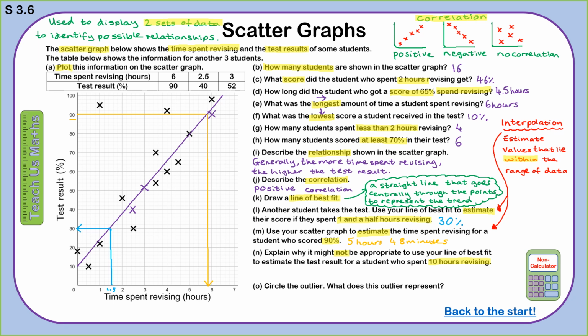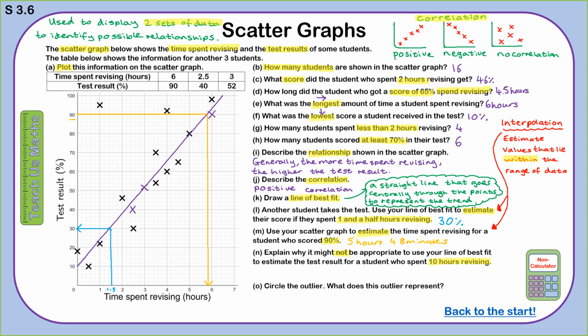We could continue our line of best fit further, but we would be making an assumption that the data continues in the same trend. As well as that, if we did continue our line of best fit, it would take us to more than 100%, which would be impossible as well.